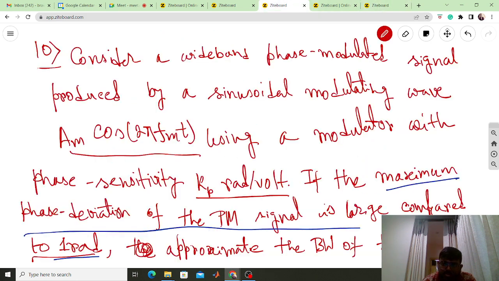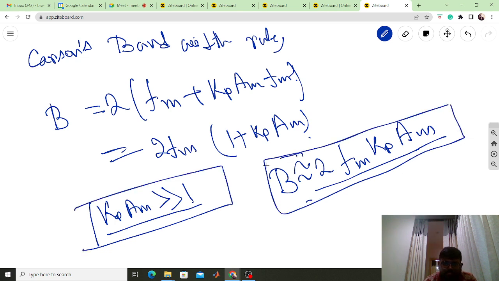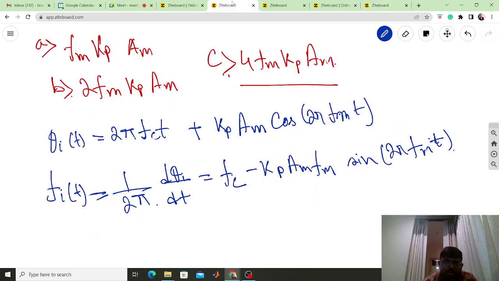Due to this condition that it is large compared to 1 radian, we write this condition kp Am much greater than 1, and the bandwidth will be this. So the right option is B.